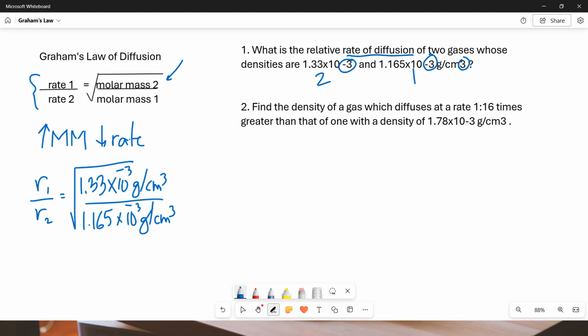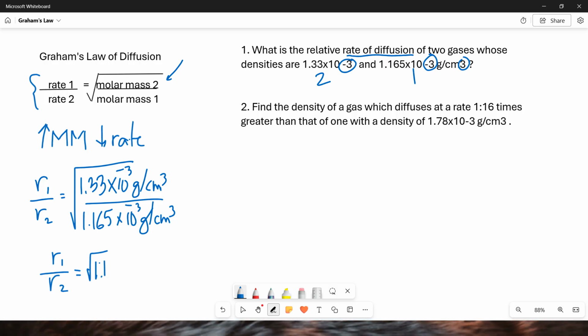Now I'm going to go ahead and simplify the right side of the equation, and I get the rate of 1 over the rate of 2 is equal to the square root of 1.14, and if I take the square root of that, it is going to be 1.07.